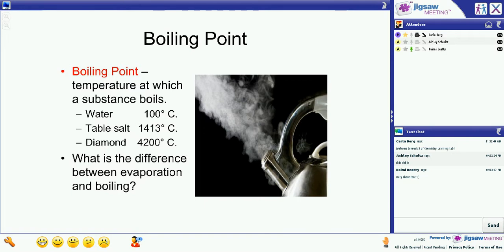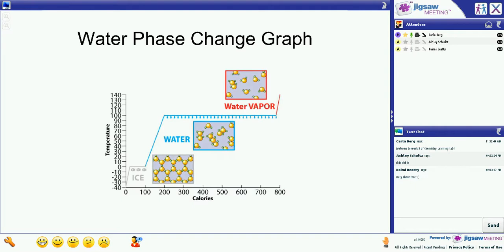Evaporation is where the water is turning to a gas because it's on the surface, and boiling is basically just the water being heated up and starting to reach that point, I guess. That's a perfect explanation. Evaporation is the water actually becoming the gas, and boiling is the process that the water goes through while it's being heated up. So that is a perfect explanation.